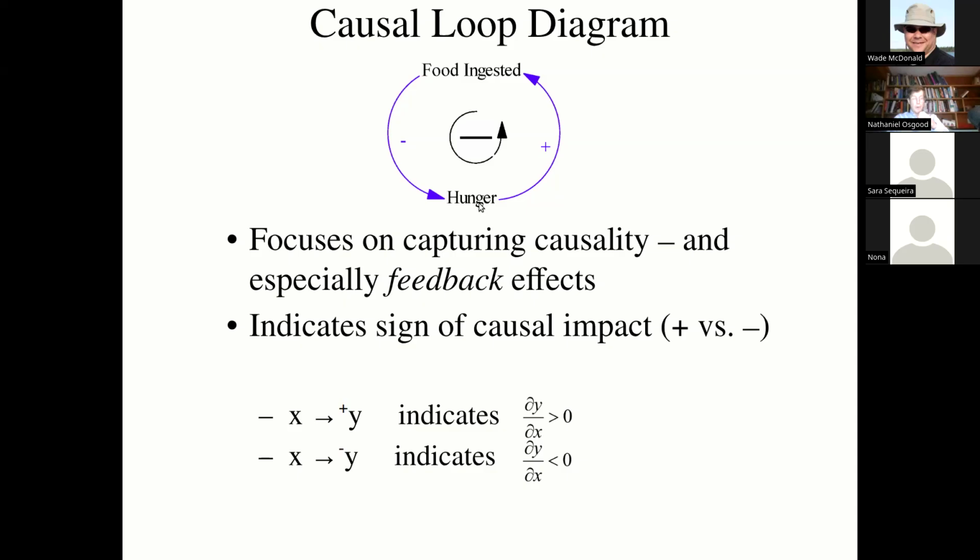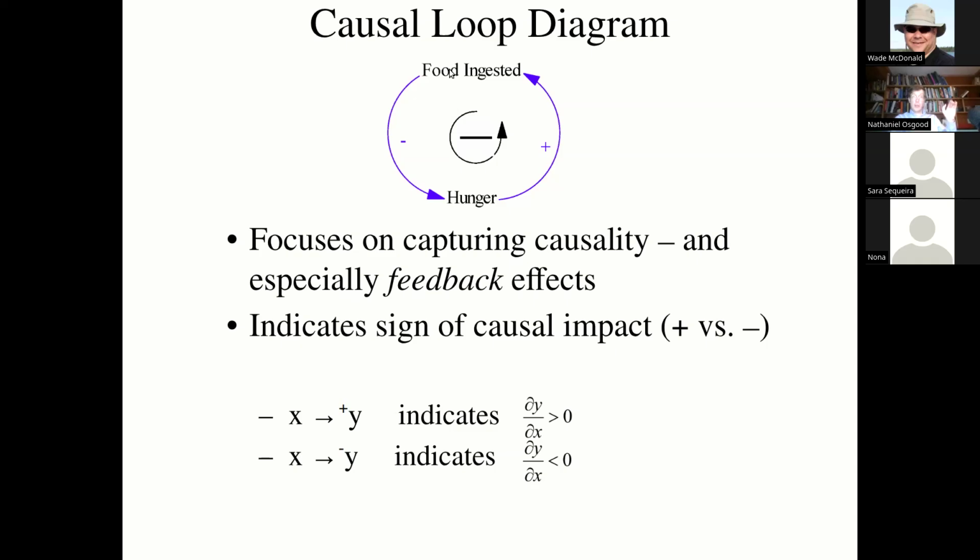And similarly, if there's an arrow from A to B, we'll call it X to Y to avoid the confusion. Say X is food ingested and Y is hunger.